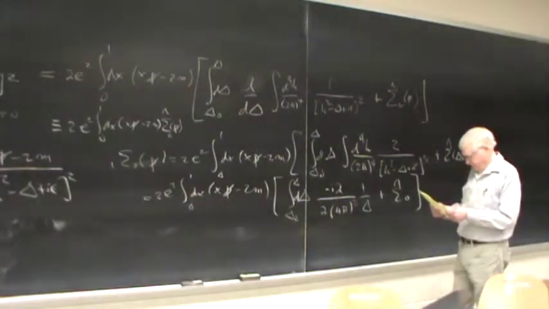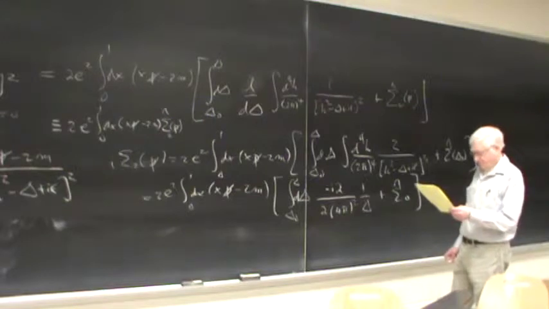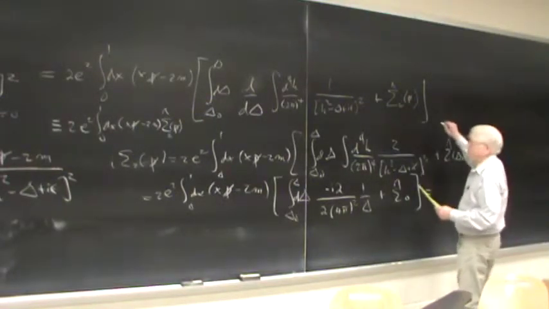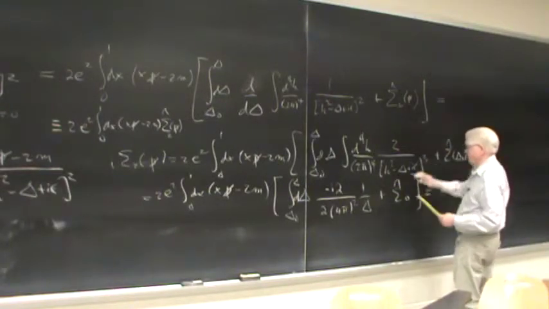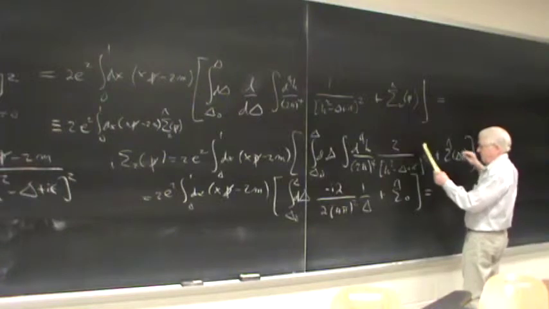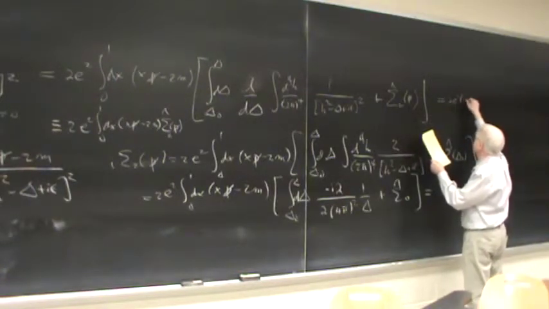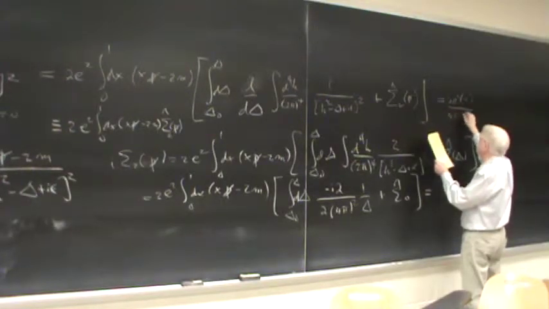Okay. And now this is pretty simple, namely, well, why don't I go up here? So in other words, we're going that way. This is then 2e squared minus i over, it turns out to be 32 pi squared.